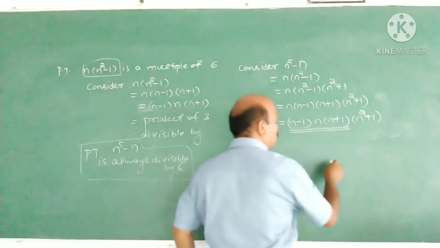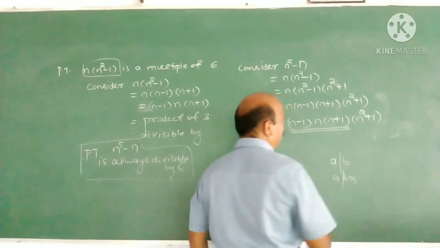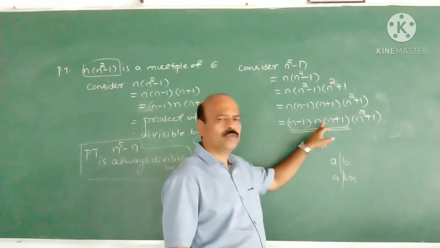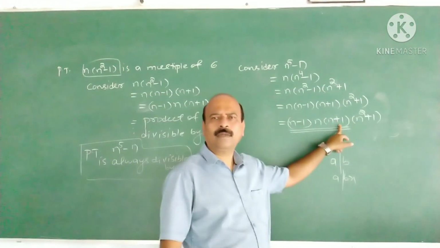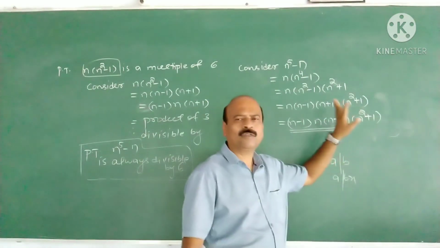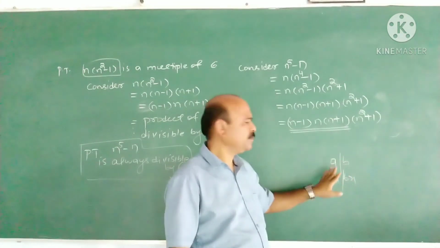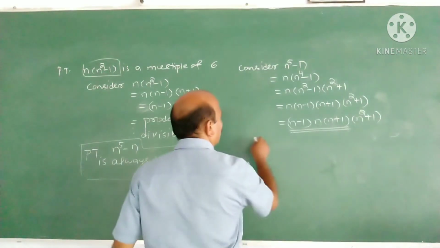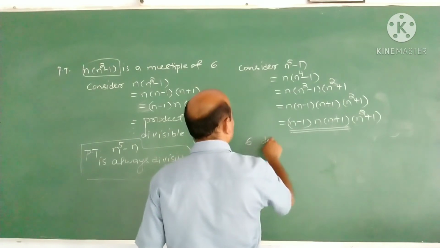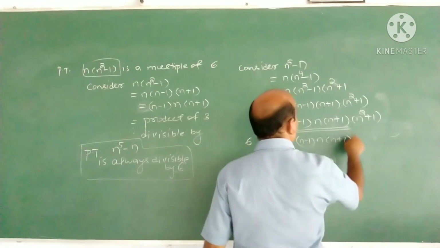If a number a divides b, then a divides b into x. We use that property here. 6 divides n minus 1, n, n plus 1, because using that property.